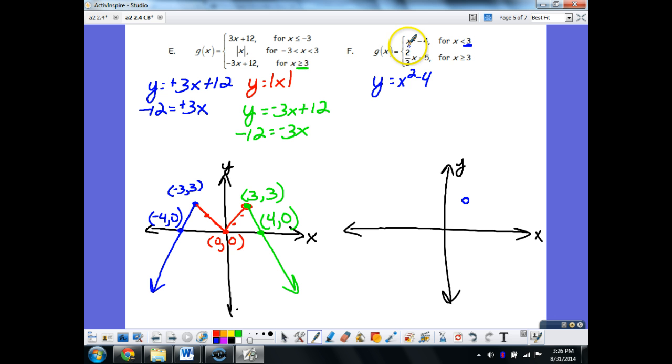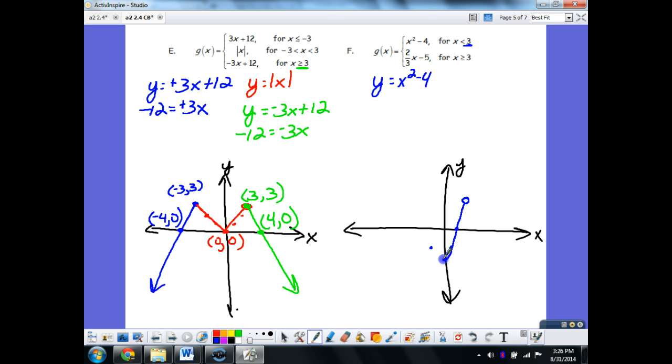For 2, we have 4 minus 4 is 0. For 1, 1 minus 4 is -3. Should be about down here. And for 0, 0 minus 4 is -4. When we plug in -1, -1 squared is 1, minus 4 is -3. That's when we get that rebound.